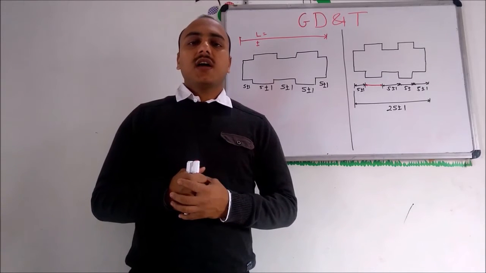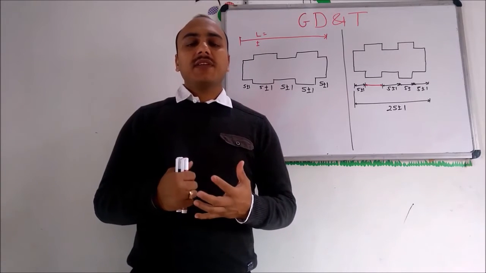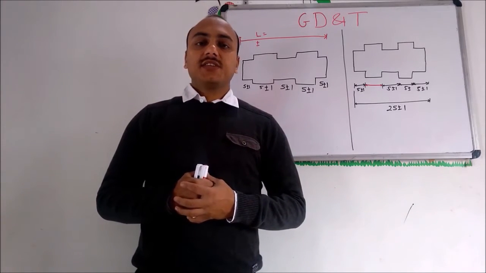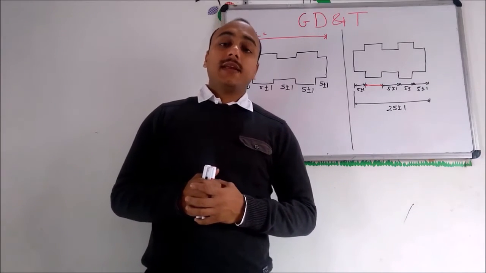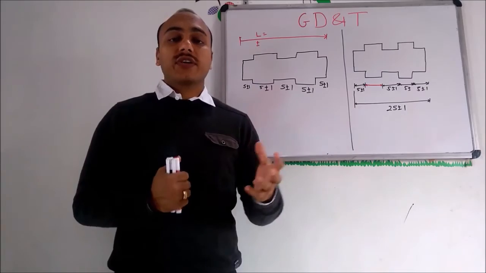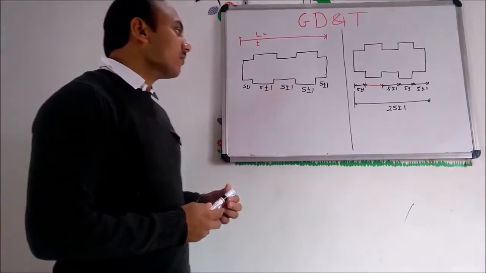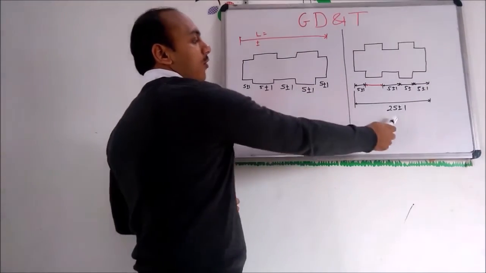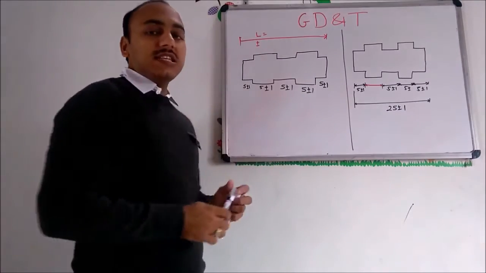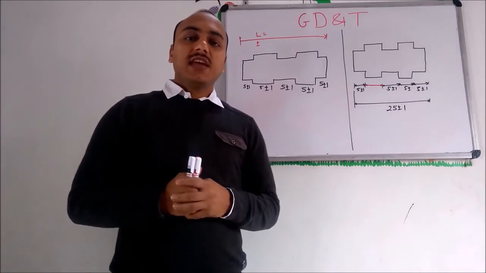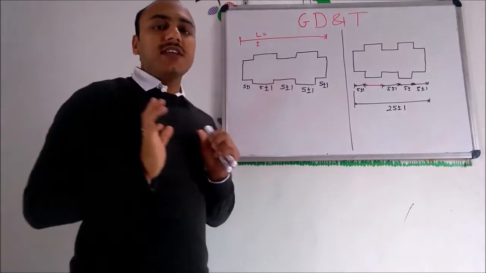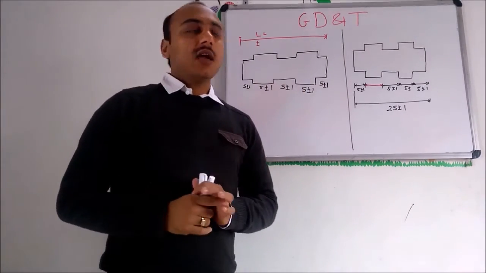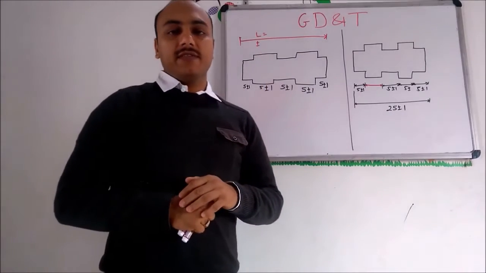Let's discuss how geometric dimensioning affects geometric tolerancing, and let's find out what is a tolerancing feature. Suppose these are two schemes of dimensioning. First one is chain dimensioning. In chain dimensioning, each individual feature is defined by dimensioning and overall length is not given.